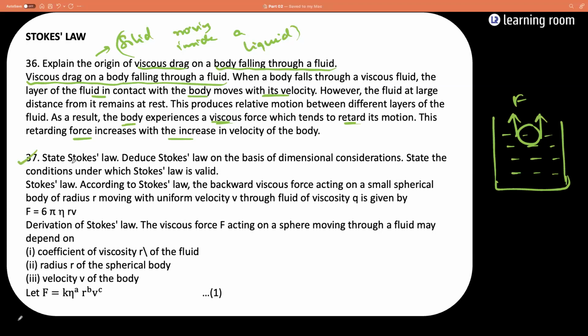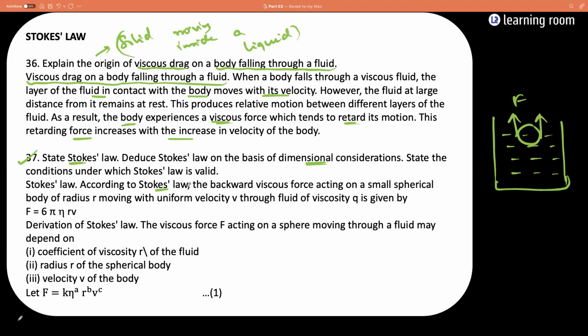Next is to state Stokes' law, right? And we are going to derive an expression for Stokes' law using dimensional analysis. Okay, see what is going to happen. According to Stokes' law, the backward viscous force acting on a small spherical body.